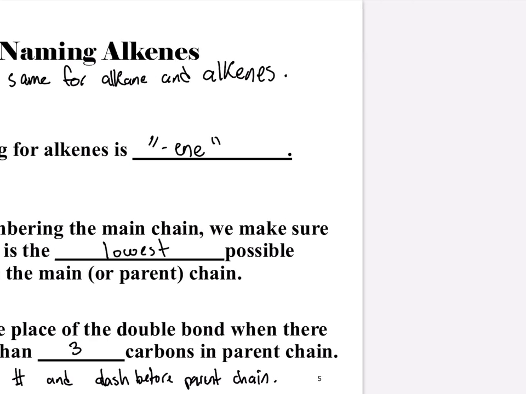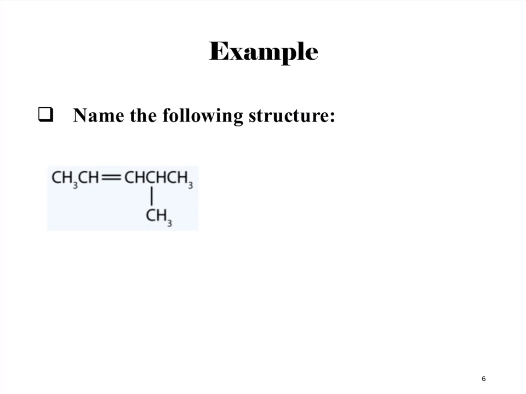Okay, so here's an example. We have this structure. This is a hybrid between a condensed and structural formula. So first draw the carbon skeleton for this, and then we'll name the structure. The reason I draw the carbon skeleton first is because I feel like it's a little easier to name starting from the carbon skeleton.